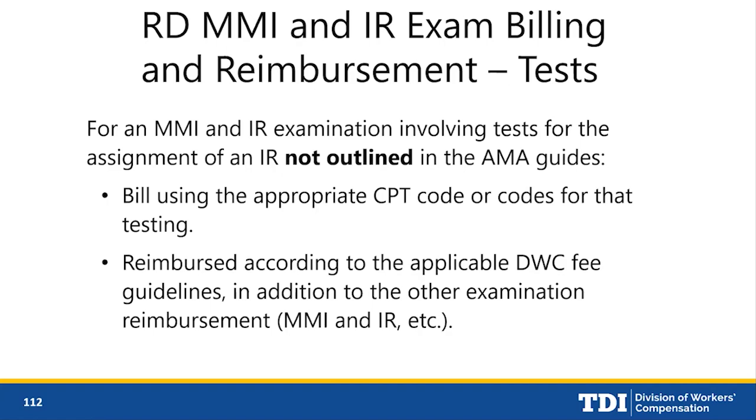So with the AMA guides, again, call for the test that's included in your reimbursement. If it's not outlined in the AMA guides and the referred doctor is going to conduct the test themselves, bill using that appropriate CPT code for that test, and then be reimbursed according to the applicable DWC fee guideline, in addition to other examination costs and documents.